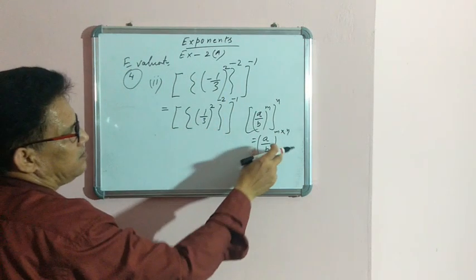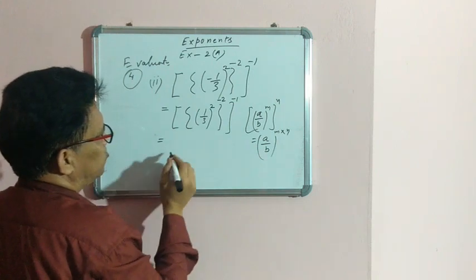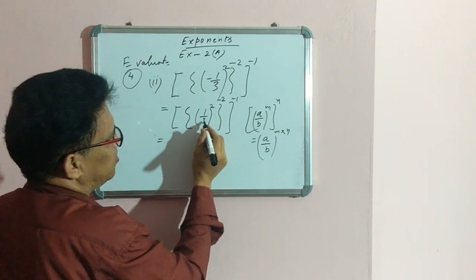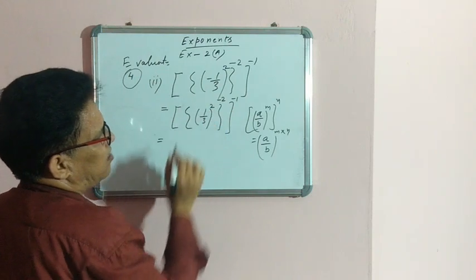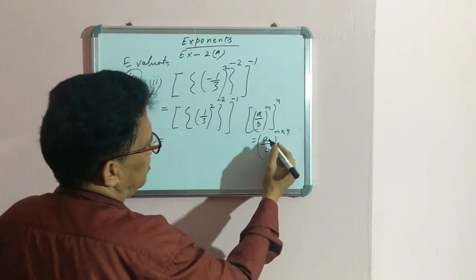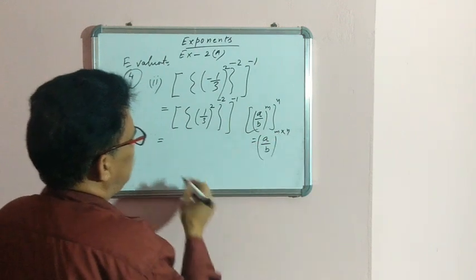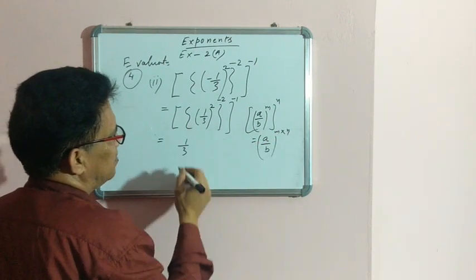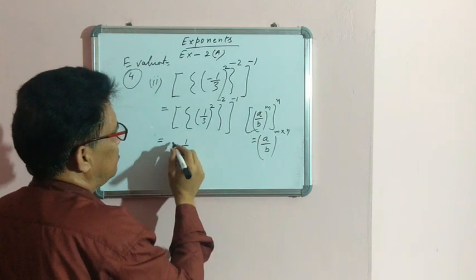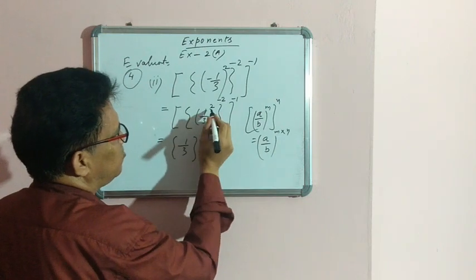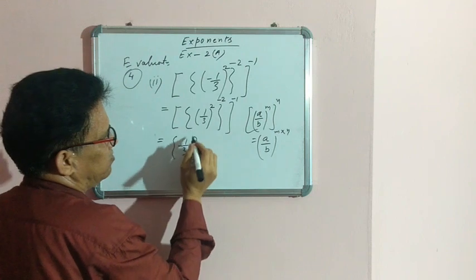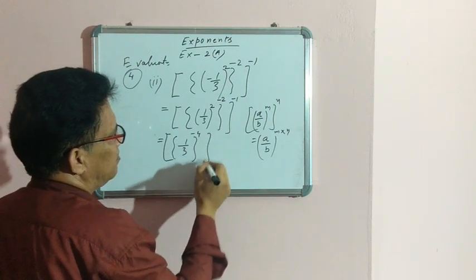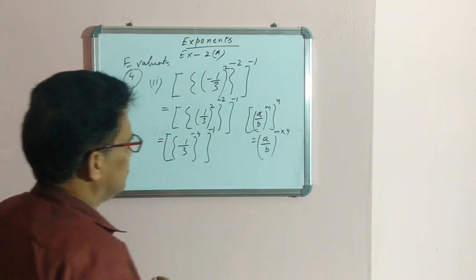Now I will apply this law. 1 by 3 power 2, whole power minus 2, so a by b power m into n: 1 by 3 power 2 into minus 2, that is minus 4, and this power minus 1.